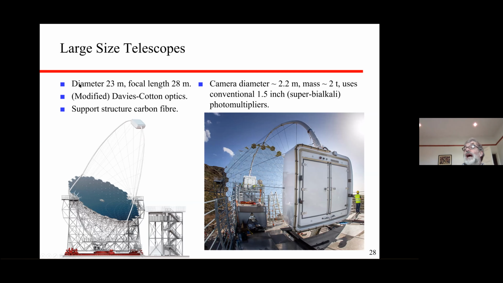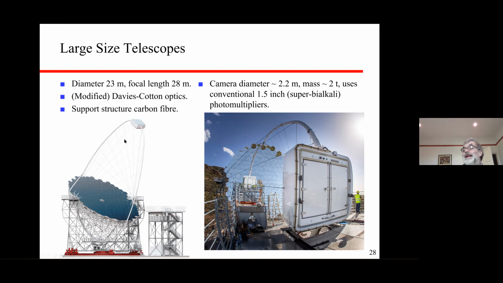Now this, as its name suggests, is huge, 23 meters across, so that's this distance here, and its focal length is 28 meters. That's the distance between the mirror and the camera here. Now, in order to catch transient phenomena that only take a very short time, this device, despite its huge size, has to be able to point to any place on the sky within as short a time as possible.